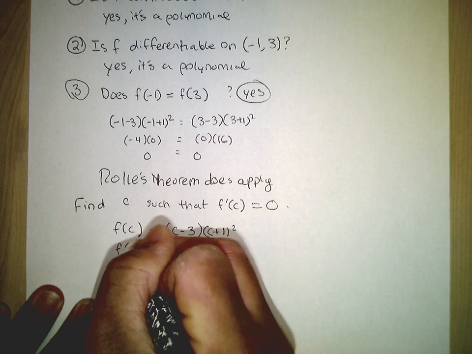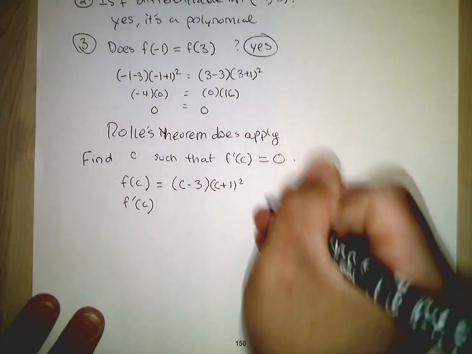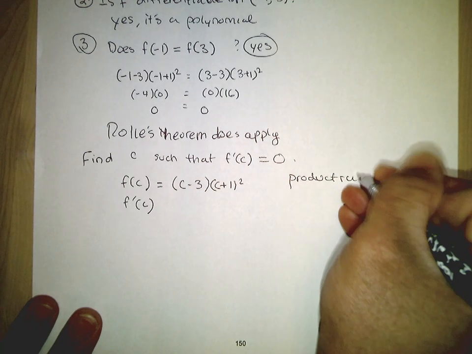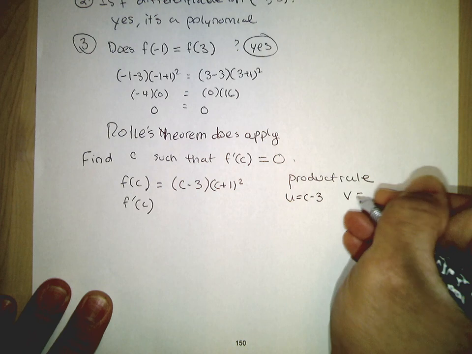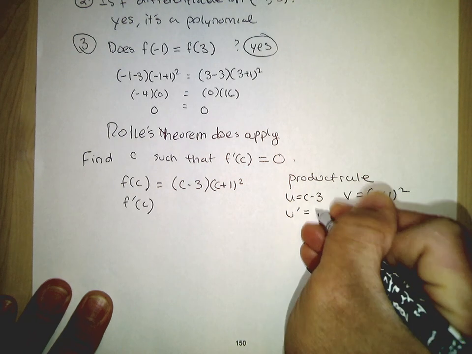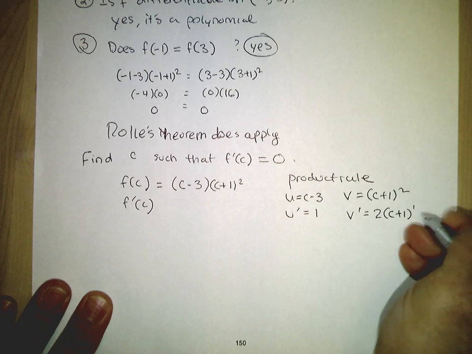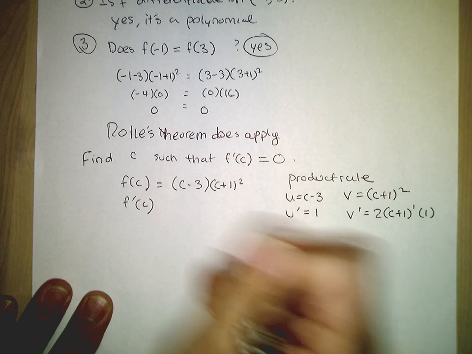And for f prime of c, we need to use the product rule. The u is c minus 3, the v is c plus 1 squared. So u prime is 1, v prime is 2 times c plus 1 to the first power times 1. So remember to use the chain rule here.